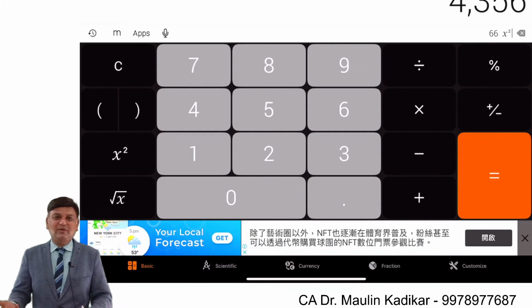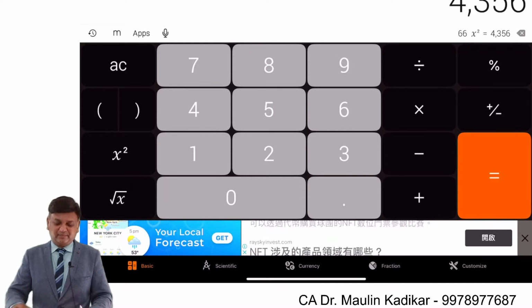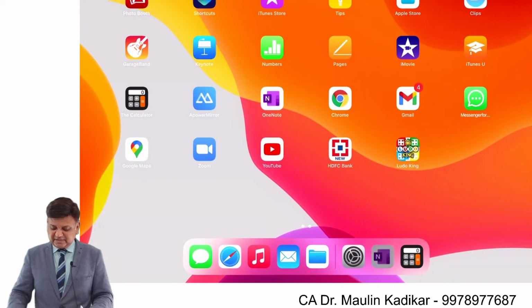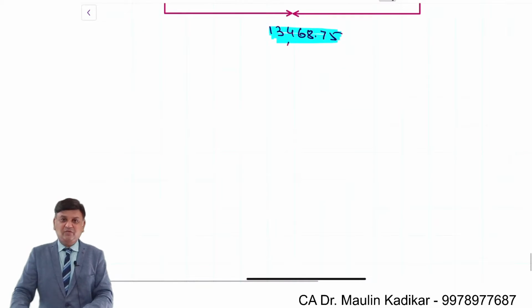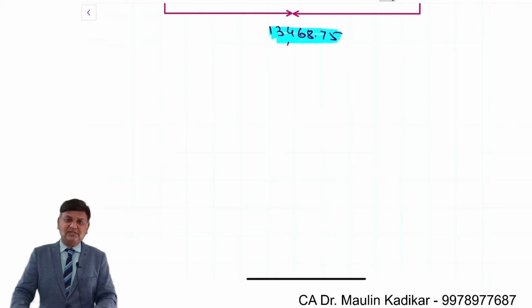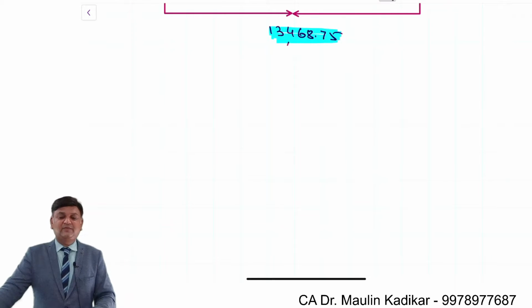Why? Because I don't know the answer. How will I verify the answer? I will verify something which is simple. So here we have verified whether the NPV technique is working properly or not. This is a verification process that I have explained to you with respect to NPV analysis.